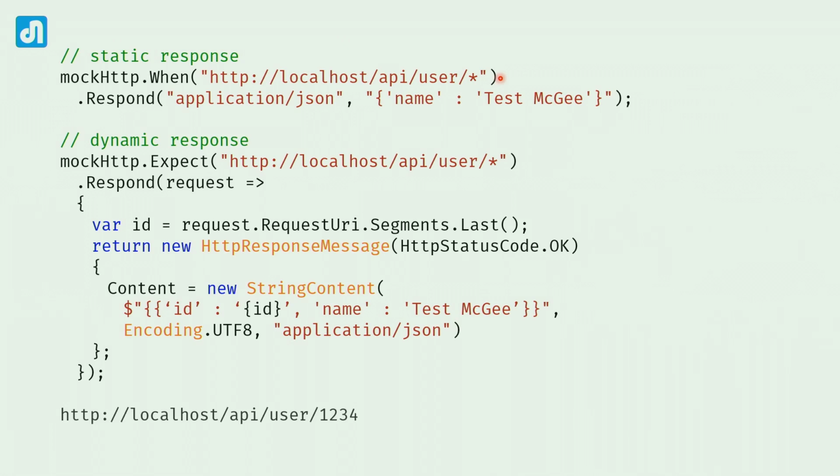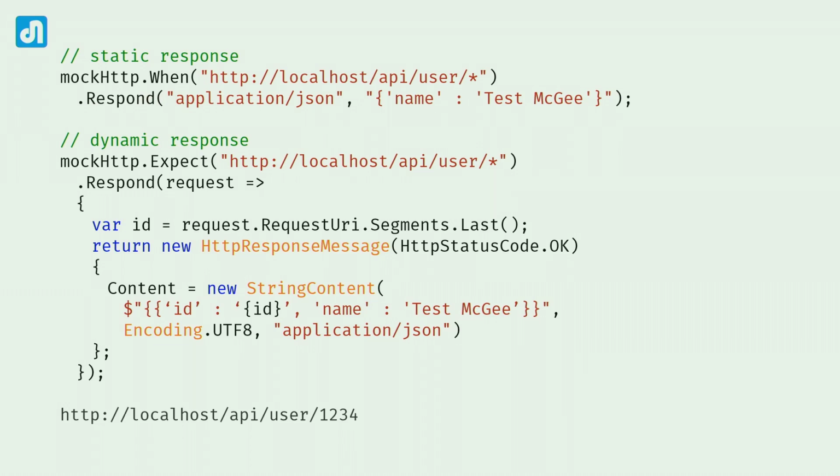So it's going to look for anything coming in at api/user and match anything. And we're keeping it real simple here, telling it to respond with a message. The media type is going to be application/json, and then we supply it a string, which is just a JSON string, so that we can control the exact behavior that's going to come back from this API call.